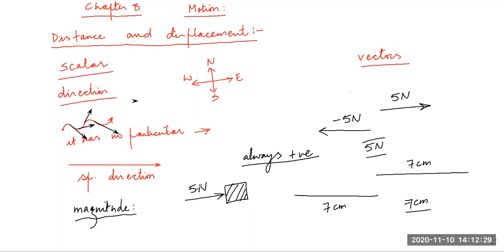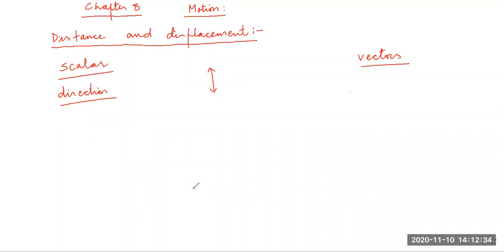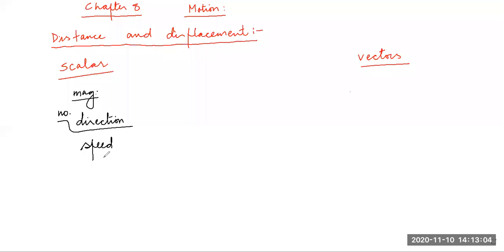So students, having understood all this, if you talk about a scalar and a vector quantity, interestingly, a scalar quantity only has magnitude, but it has no direction. For example, if I talk about speed, it is scalar. There is no direction of the speed.